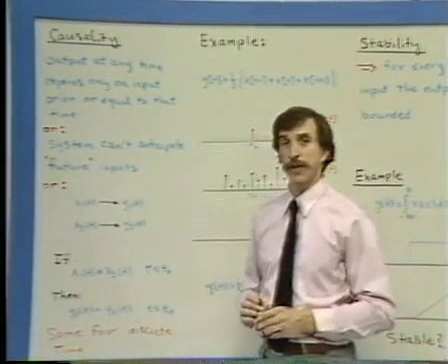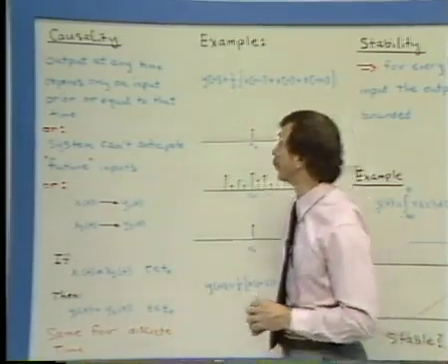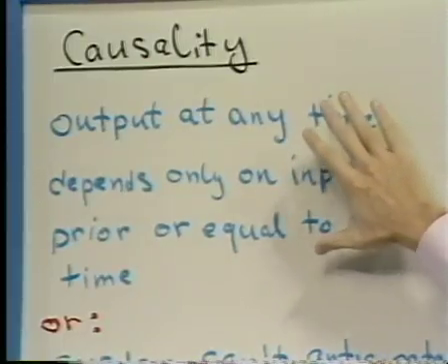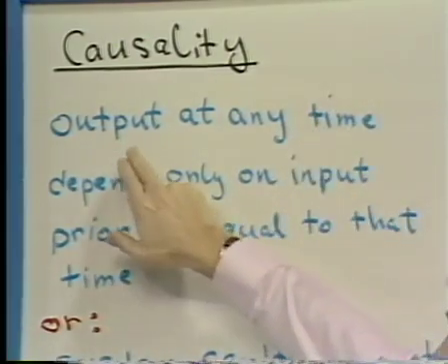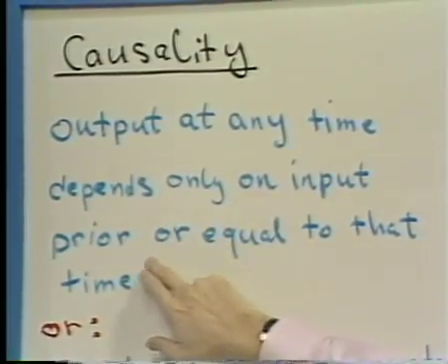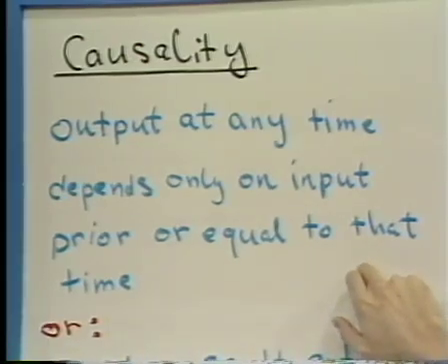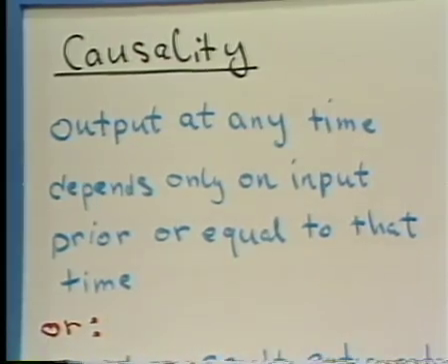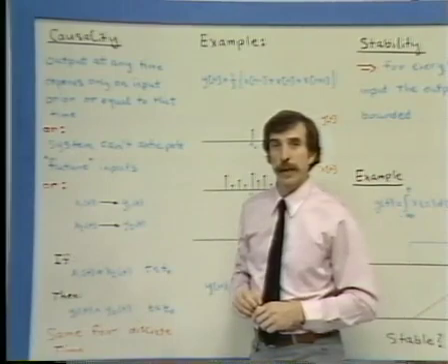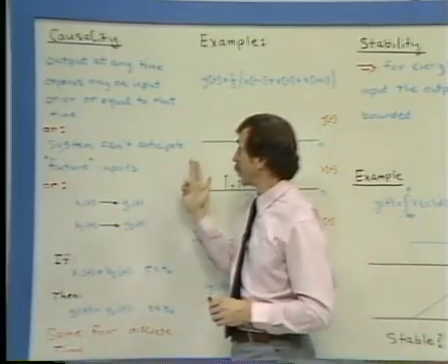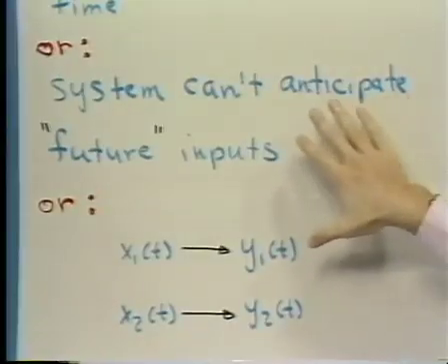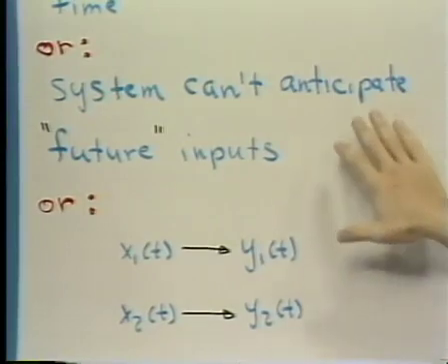So a causal system, both continuous time and discrete time, is defined sometimes as a system which has the property that the output at any time depends only on the input prior or equal to that time. Essentially what we're saying is that the system can't anticipate future inputs.